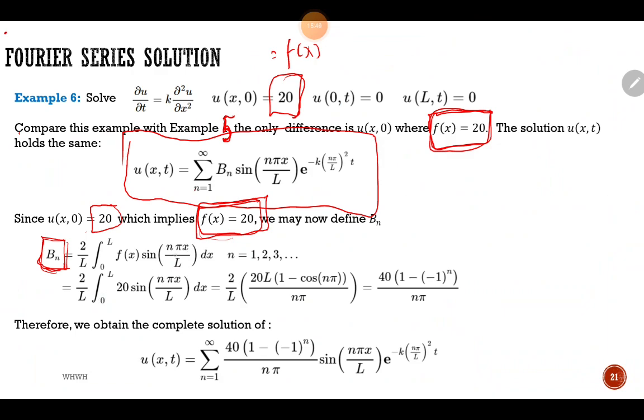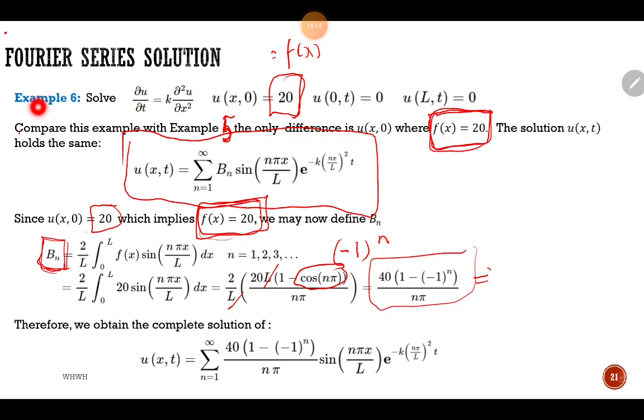So I'm not going to solve this because this is just a simple integration. Okay, 2 over L integration from 0 to L 20 sine n pi x over L dx. So bila you solve the integration, you akan dapat ni cos n pi ni adalah negative 1 power of n kan. Okay, so ni L dengan L ni boleh ganti, so you get this.